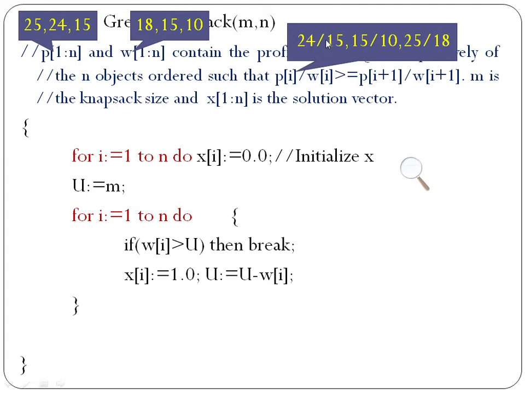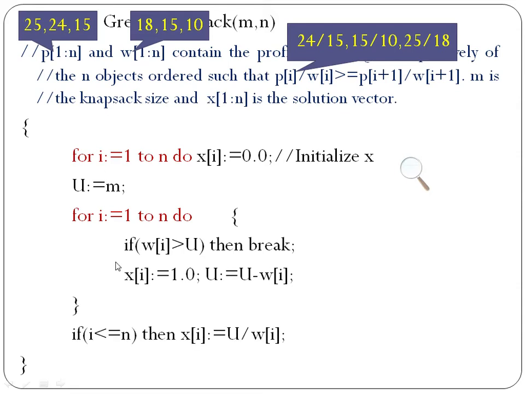After that, it will find the remaining size of the knapsack. So it will calculate it with the help of u is equal to u minus weight of I. Here the weight of I is the weight which is inserted into the knapsack. So the remaining weight will be represented by u.